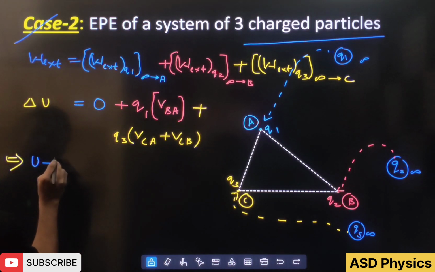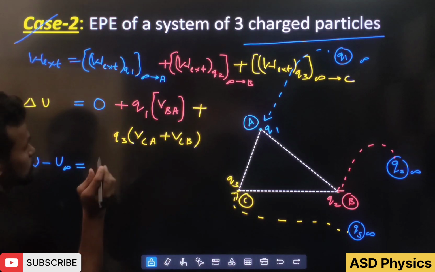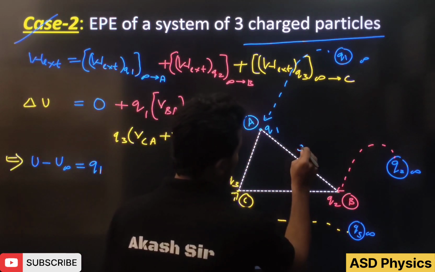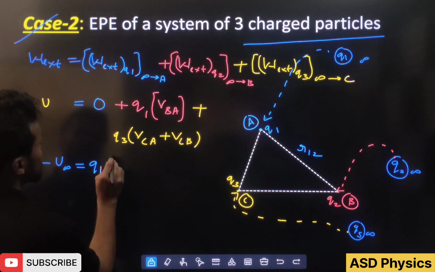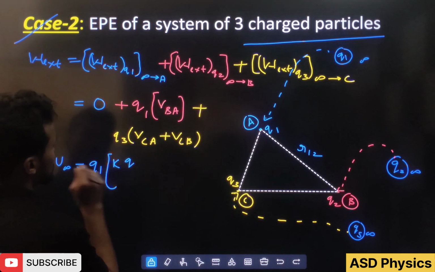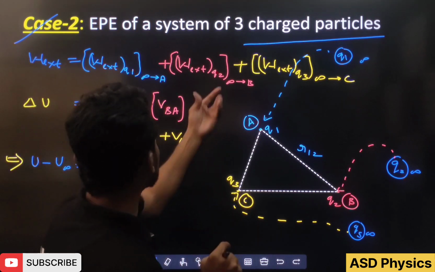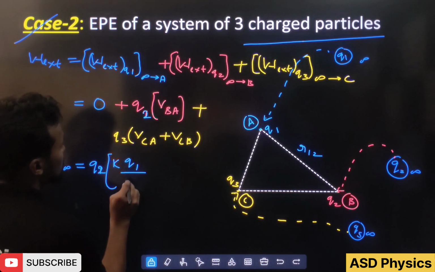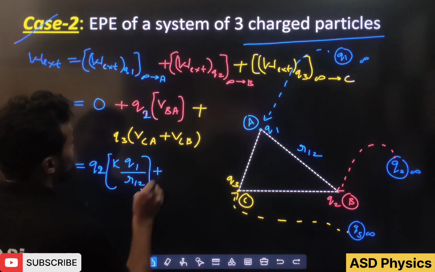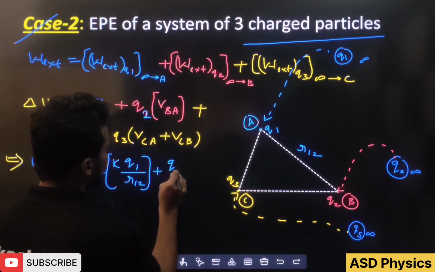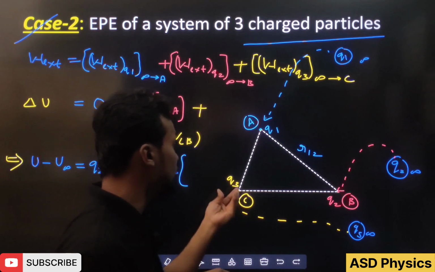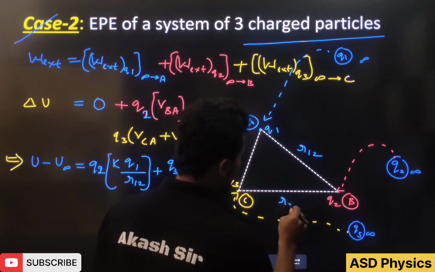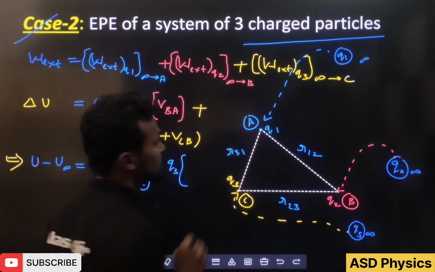Now I am going to put all these things in. So U minus U infinity, with U infinity equal to 0 as before, equals Q2 times the potential at point B due to A. Let's take this distance as R12, so I can write K Q1 by R12. Plus Q3, and here we have to write the potential due to charge Q1 and due to charge Q2 also. Let's take these distances as R23 and R31.